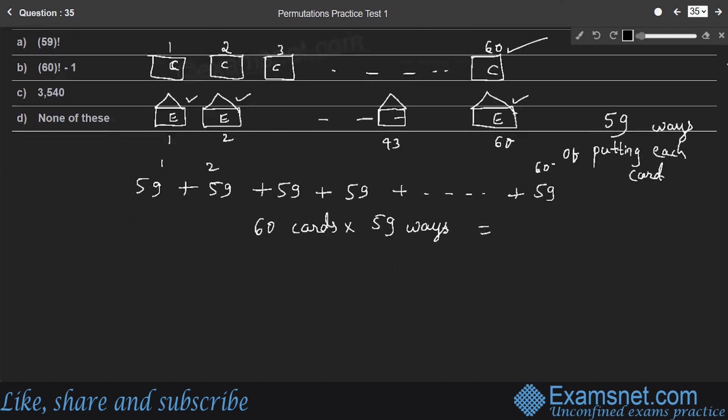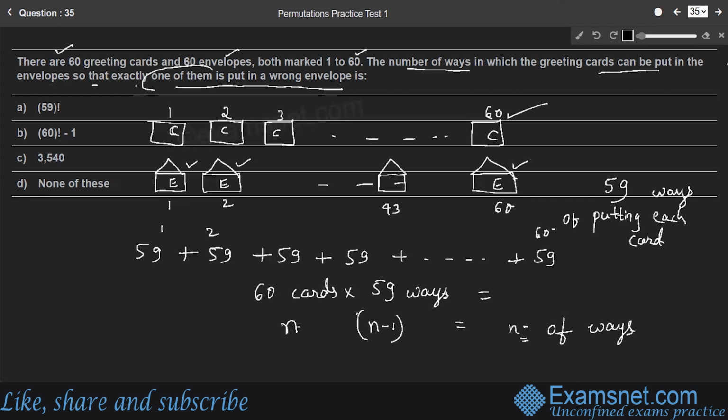If n is the total number of cards, then n into n minus 1 gives the number of ways. Why is it n minus 1? Because in one of the envelopes, the given card is put in the wrong way, so it is the wrong envelope for that particular card.